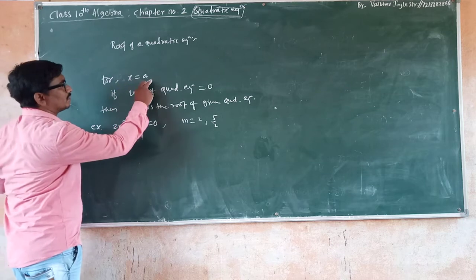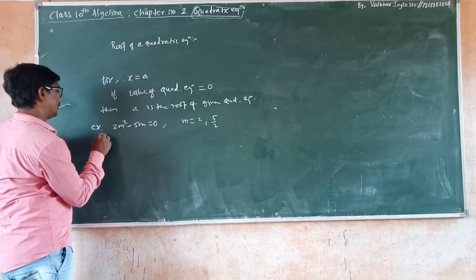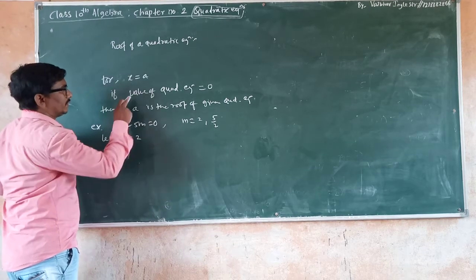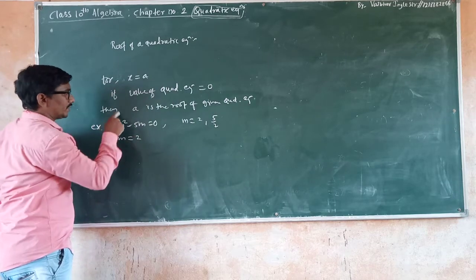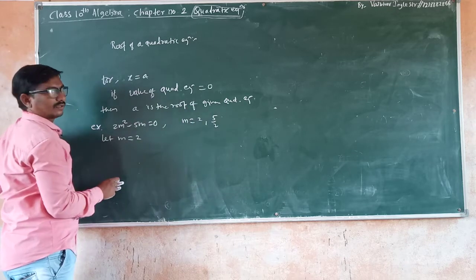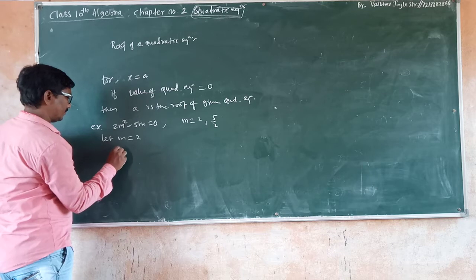Now here, let m equals 2. Now check whether the value of the quadratic equation becomes 0 or not. If it comes to 0, then m equals 2 is the root of the given quadratic equation. Now put 2 for m.